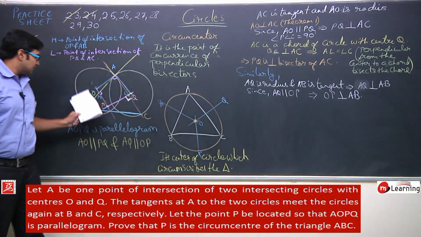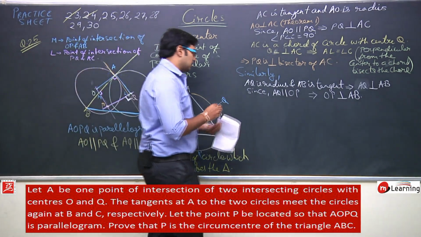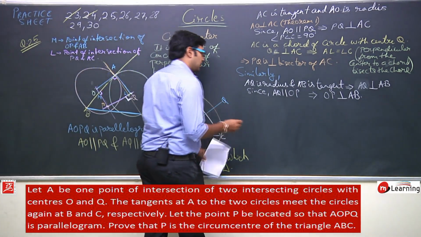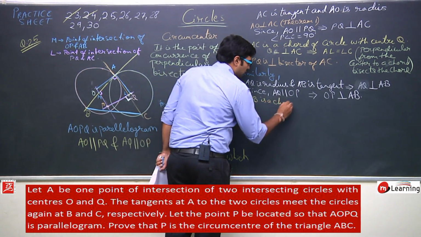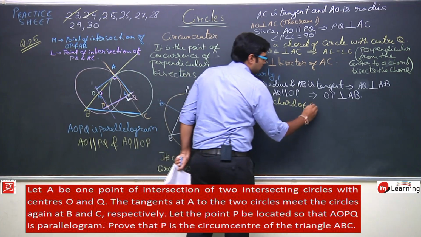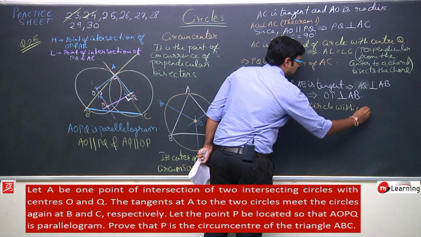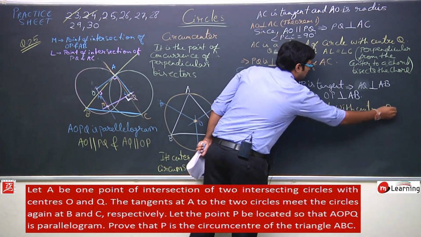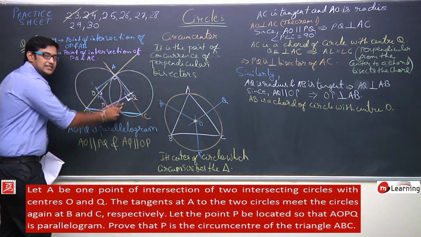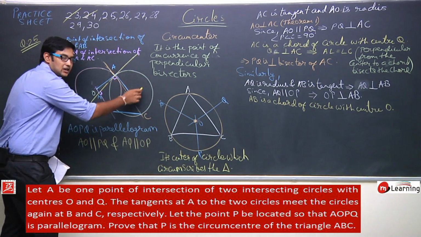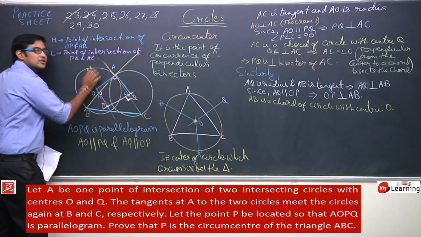So if OP is perpendicular to AB, what is AB? AB is a chord of the circle with center O. As you have seen, AC is tangent to this circle but chord for this circle. Similarly, the AB line is tangent to this circle but chord for this circle.